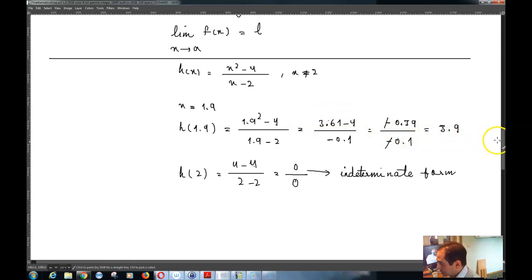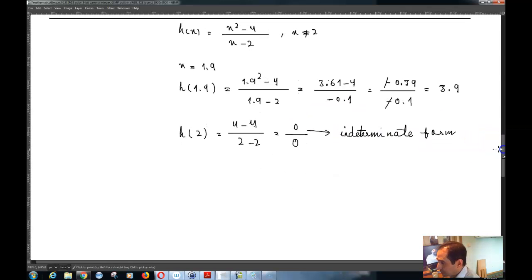Now suppose that I set the value of x as 1.99, much closer to 2. Then h of 1.99 is equal to 1.99 squared minus 4 over 1.99 minus 2.